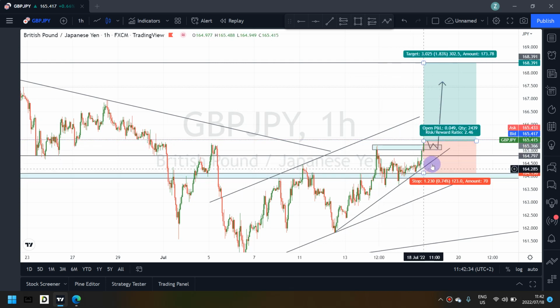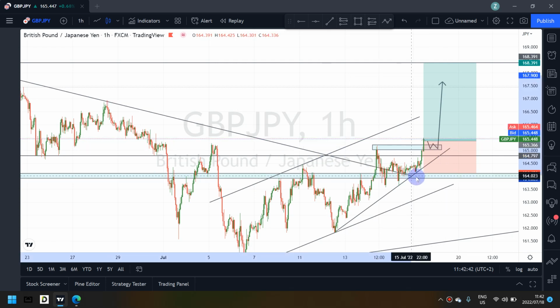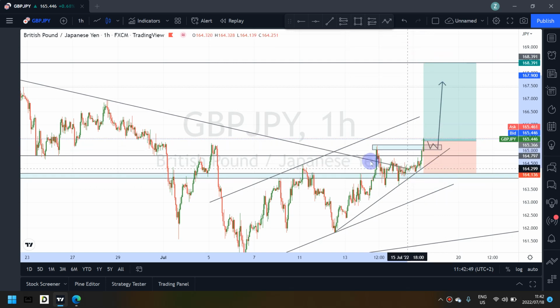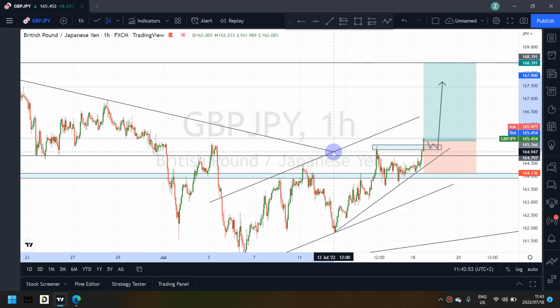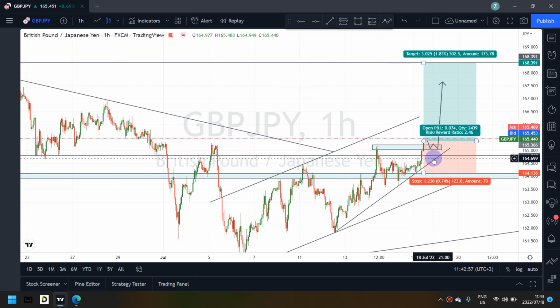Should we now look for selling opportunities? Hence the market has broken out of our trend line and our key level. Should we look for sales? And the market might push to the downside, and we would then be back inside the trend. So basically this is the setup that I have for buys.